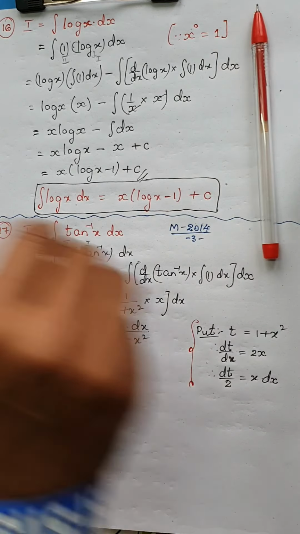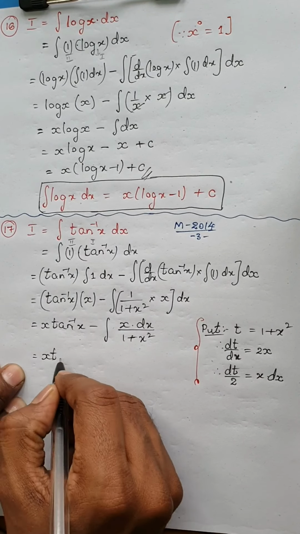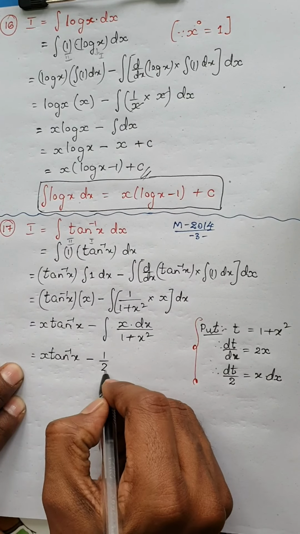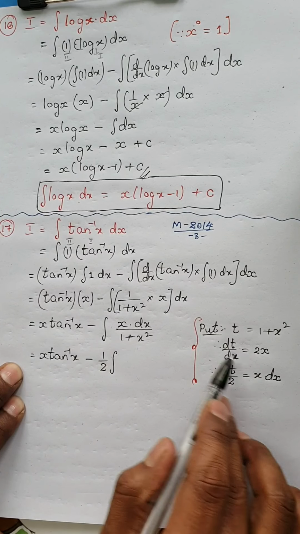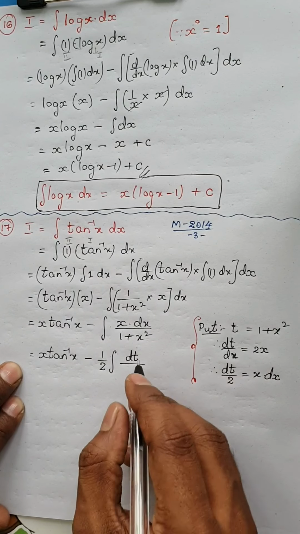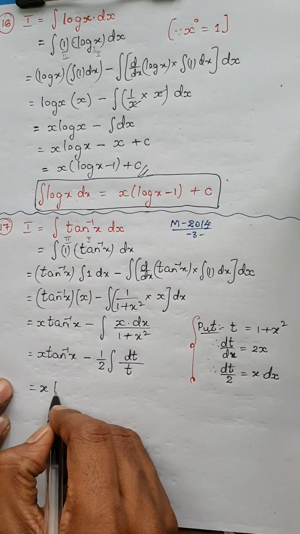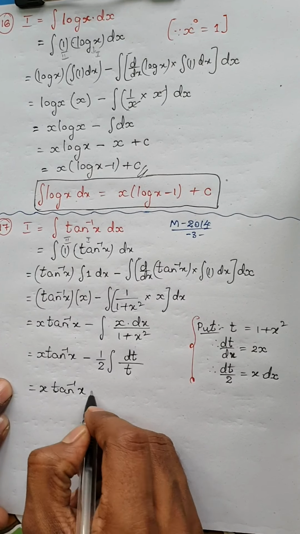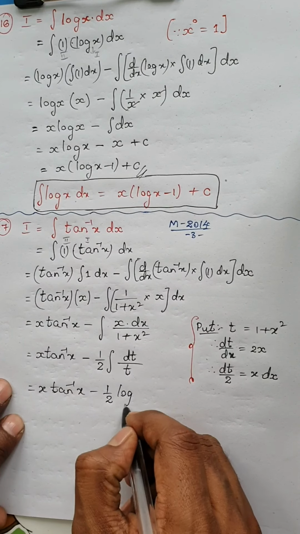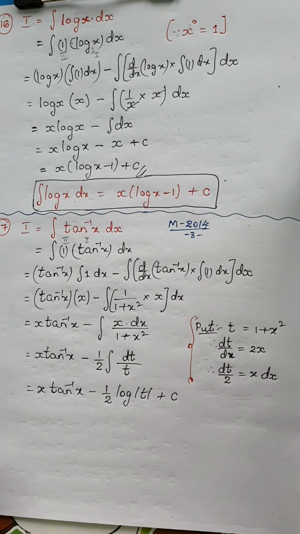Now next, see what happens. This is x into tan inverse x minus, remember I have dt by 2, so I'll write 1 by 2 outside, the integral of x dx divided by 1 plus x square, which would be dt divided by t. So I have x tan inverse x minus half into the integral of dt by t, which we know is a standard integral: log of mod t plus c, the constant of integration.